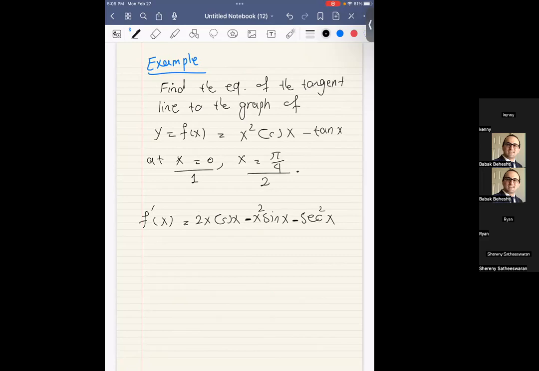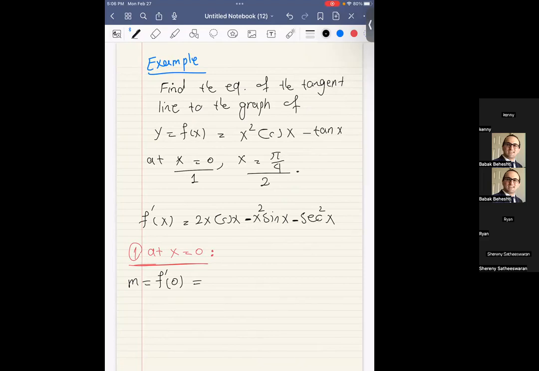Now, first of all, when x equal to 0, what is f prime of 0? So the slope is f prime of 0, which is equal to what? Zero times cos is 0, minus 0 times sine is 0.